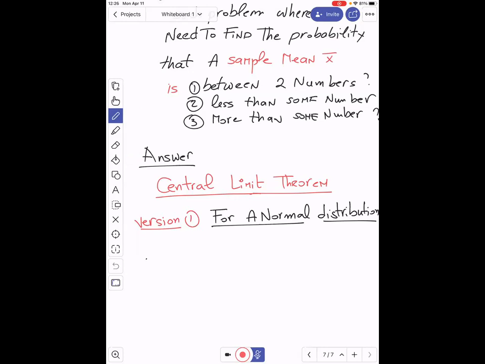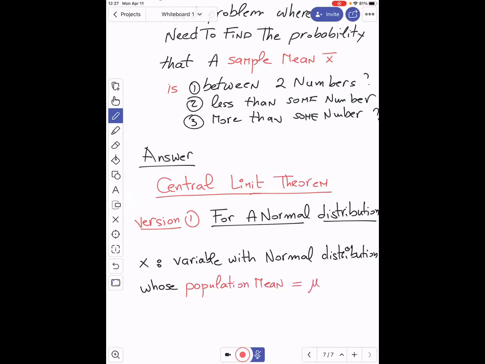Let's say we have X, a random variable with a normal distribution, whose population mean is mu and whose population standard deviation is sigma.